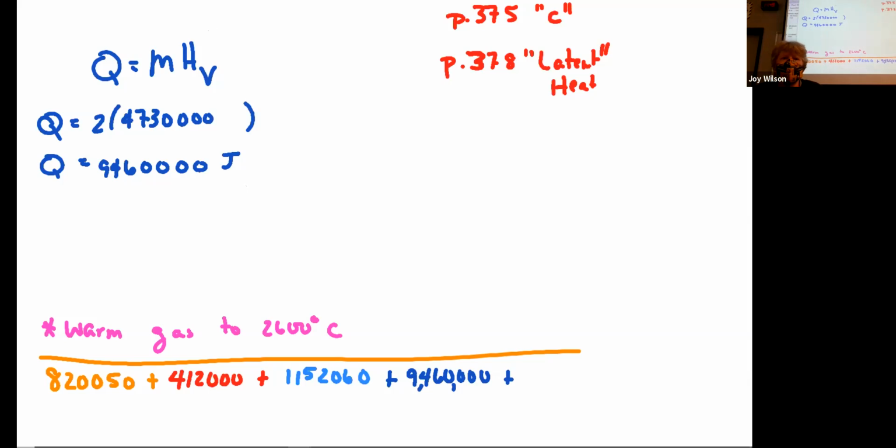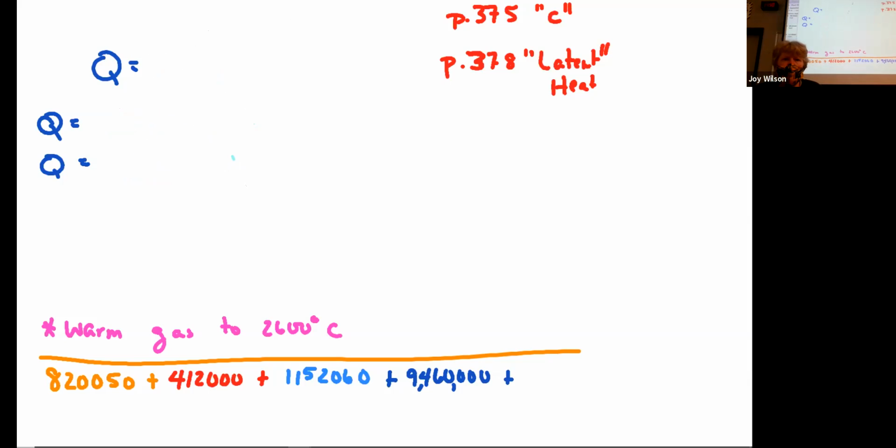Okay, last but not least, we have to warm the gas. So how do we warm the gas? What formula do we use now? We go back to MC delta T. So we still have 2 kilograms.